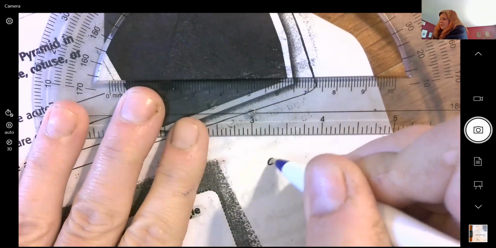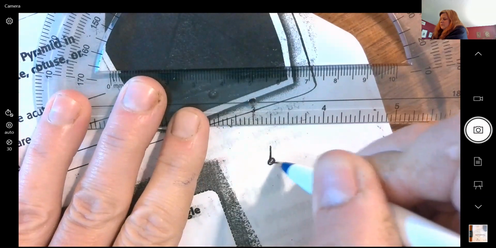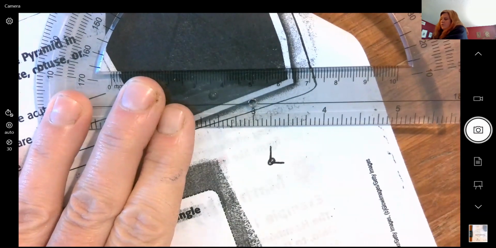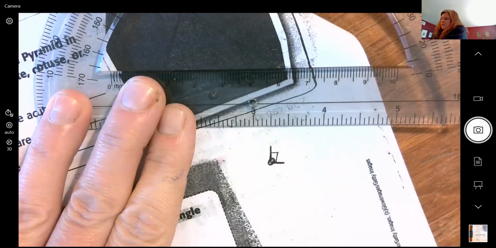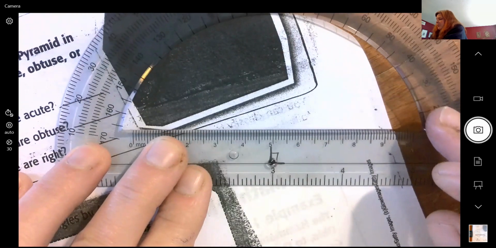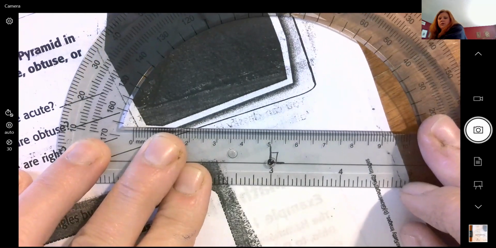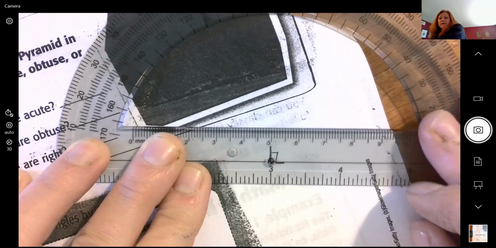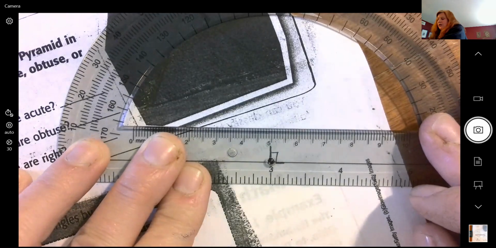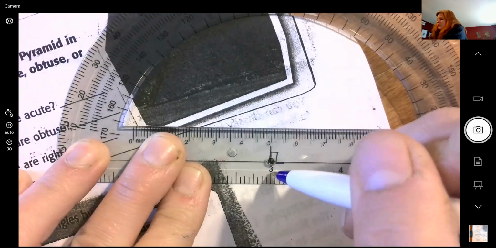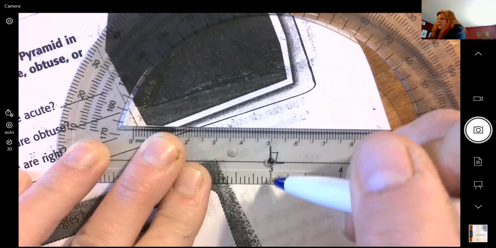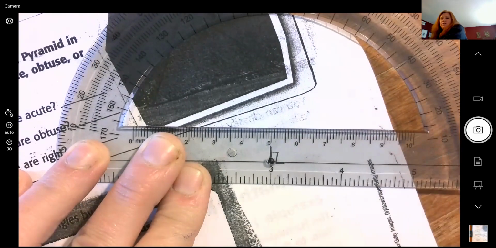Remember, this is your little dot. So that would be what type of an angle? A right angle. Remember, we put our hole over the dot. We hold with our one hand and slide up and down with our other. And if you look, there's lines right here that you can see that tell you that it's perpendicular.